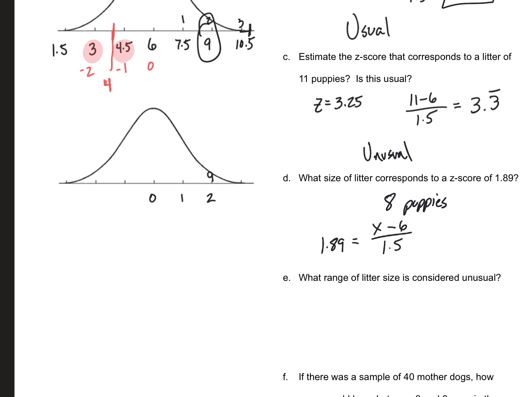So when I multiply times 1.5, what I get is 2.835 equals x minus 6, so I would add the 6 to get it to the other side. And like I said, we're going to get 8.835, so 8.84. But again, we are not going to have 8.84 puppies, and we don't have a full 9th puppy, so this is probably going to be the number 8, sorry.